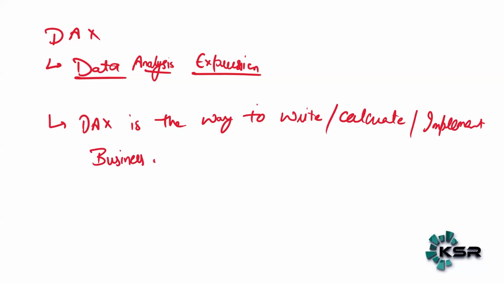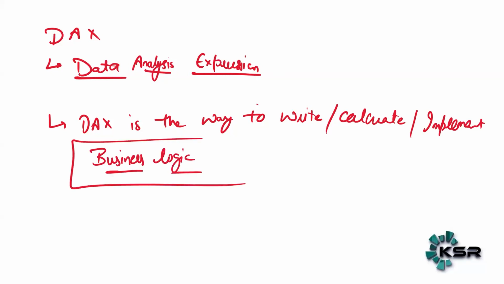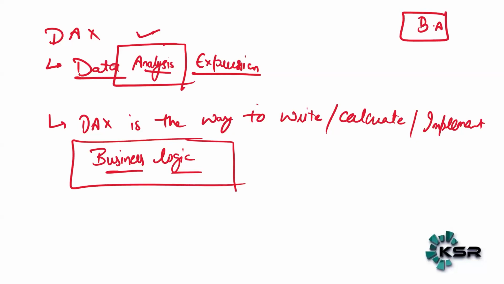Business logic, right? Whatever business logic you have, you will implement it using DAX. You will be doing analysis on the basis of business logic. You will not go ahead and create columns and measures in here. I will come as a business analyst to you and give you this requirement: tell me how many laptops are of Intel type, how many are of AMD type, and how many of them are sold at a particular point of time.